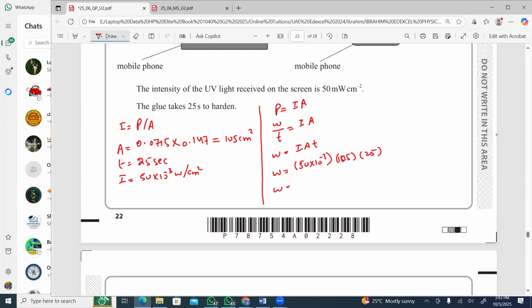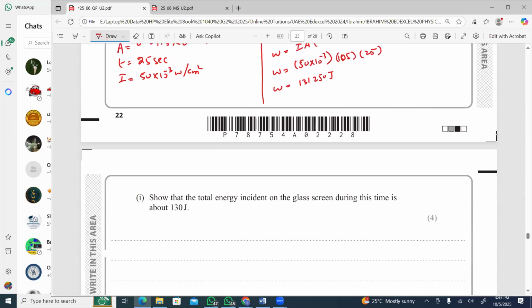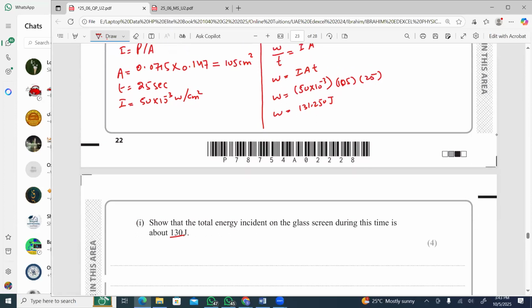So it is going to be 131.25 joules, and we need to show that it is about 130 joules. Yes, 50 times 10 to the minus 3, times 105, times 25, is about 130 joules.